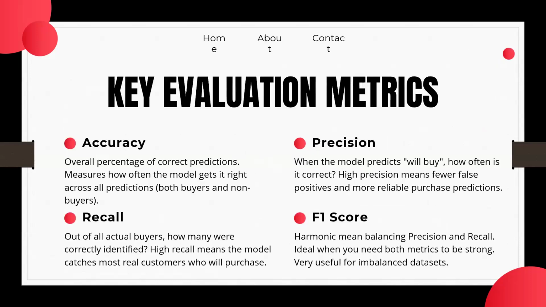And then the key evaluation metrics. Now we'll see more, but this is just a brief on what metrics we'll be looking at, right? So we have the accuracy, precision, recall, and the F1 score. Now, accuracy basically determines how accurate our model is. So it's the overall percentage of correct predictions, okay?